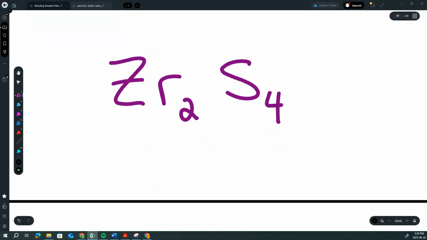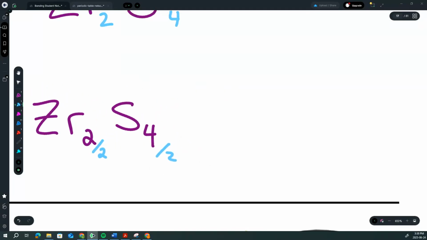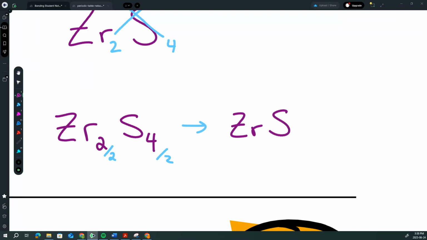So that's what we need to do because ionic compounds always have the lowest ratio possible. Right. So our final answer, I'm going to have to write it over here, is going to be zirconium. So 2 divided by 2, that's just 1, and you don't have to write the 1. 4 divided by 2, that's 2. And that's my final answer.